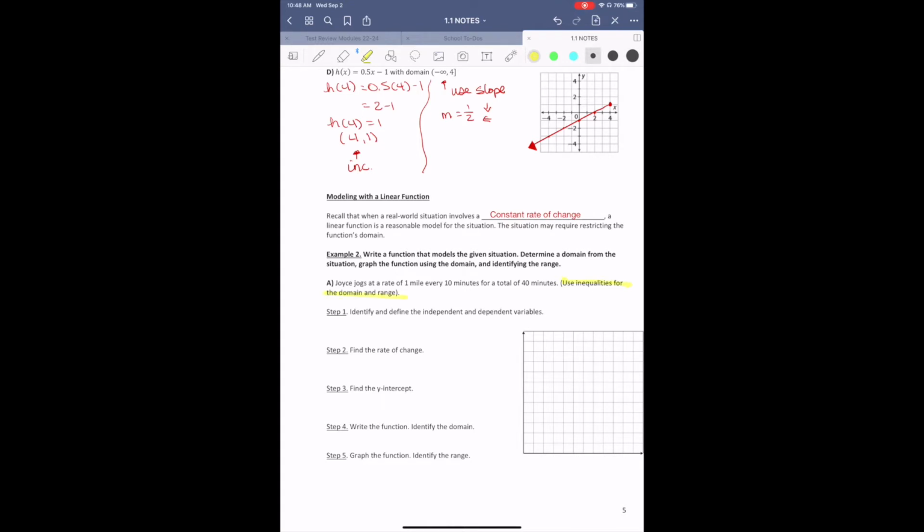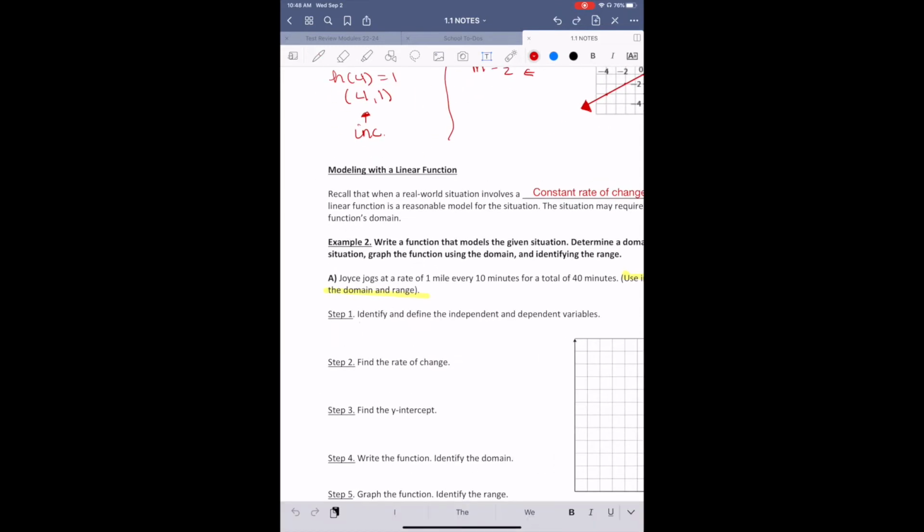Okay, so step one is to identify and define the independent and dependent variables. When we look at this problem, you have to think, does the distance she runs depend on the time she runs for, or does the time she runs for depend on the distance she jogs for? In this case, our independent variable would be the time in minutes, and we're going to label that as t.